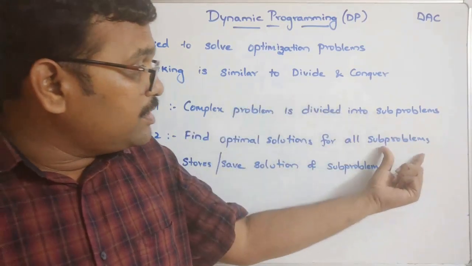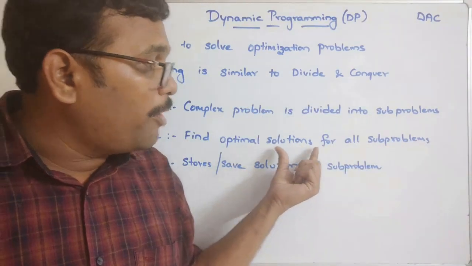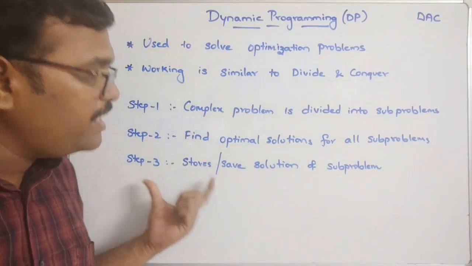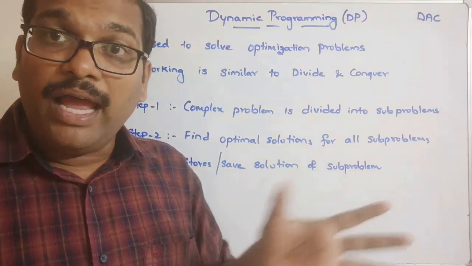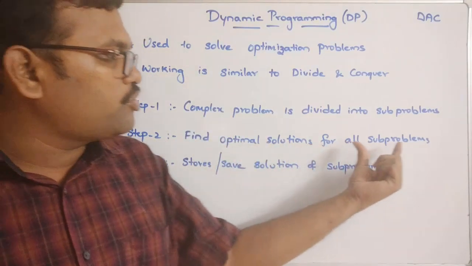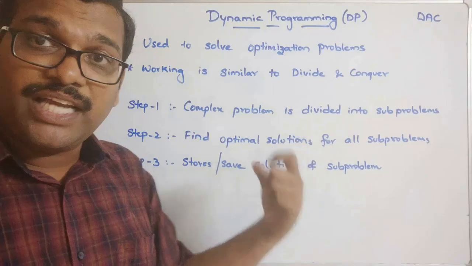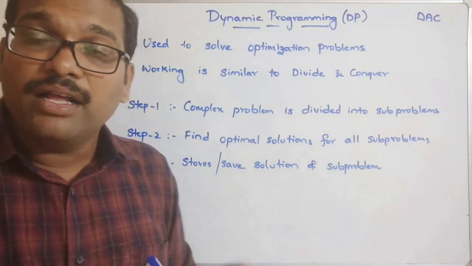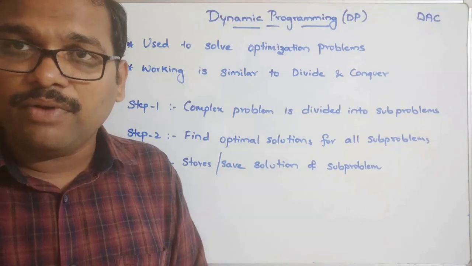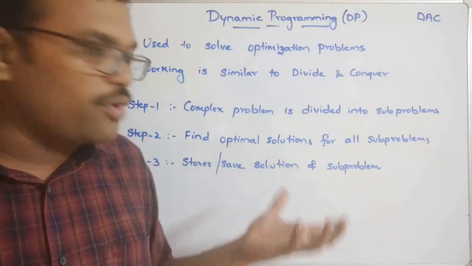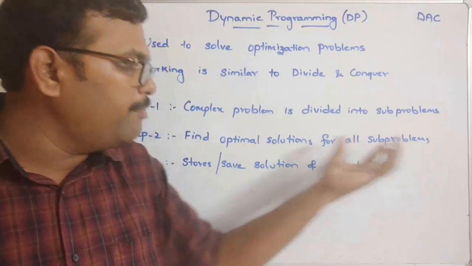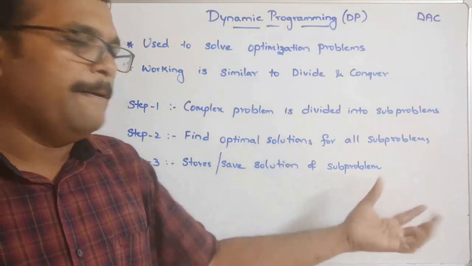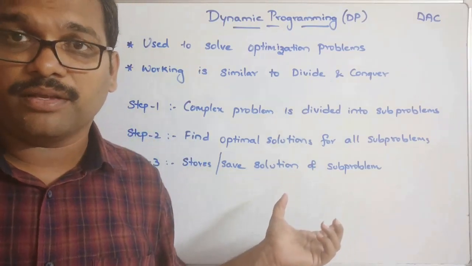We find the optimal solutions for all the sub-problems and save the complete solution in memory. Before solving a sub-problem, first we check in the memory whether there is a solution for it. If it is there, then we can retrieve the value. Otherwise, we have to solve the problem, get the optimal solution, and again save it in the memory. So this is the unique thing.